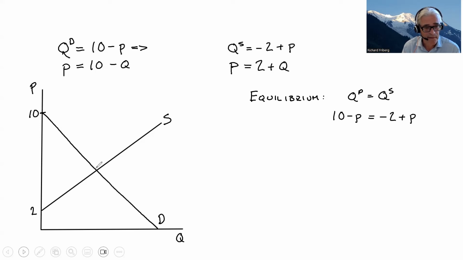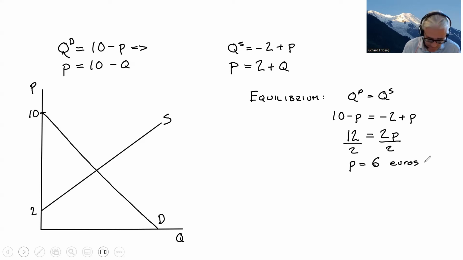Well, clearly here. Okay, so using this, we are solving. So shift over the P and shift over the 2 here. So 2 equals 2P. We're dividing through by 2 like this. We get that P equals 6 euros in equilibrium.